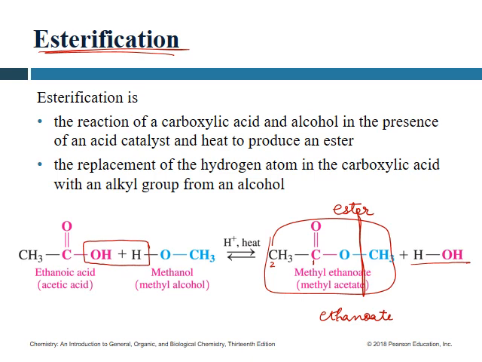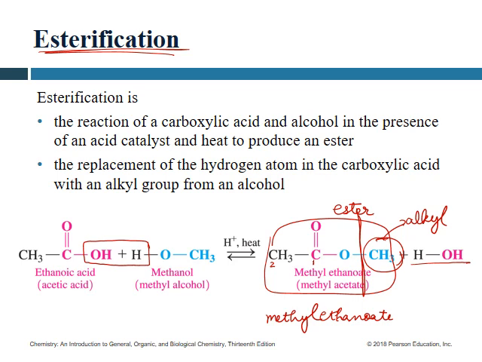And what is this group? This group is named as the alkyl chain. So a 1 carbon alkyl is called methyl. So this is called methyl ethanoate. Okay. So you simply name the part that is coming from alcohol, that is called the alkyl, and the part that is coming from the acid becomes your carboxylate ion.